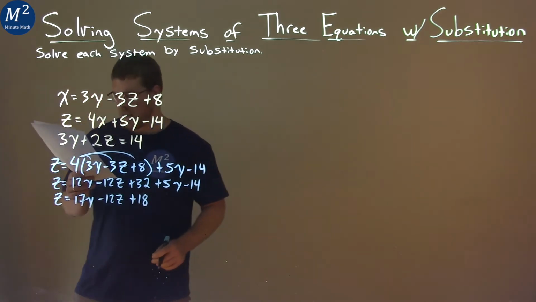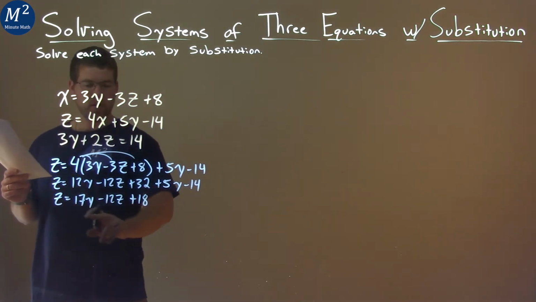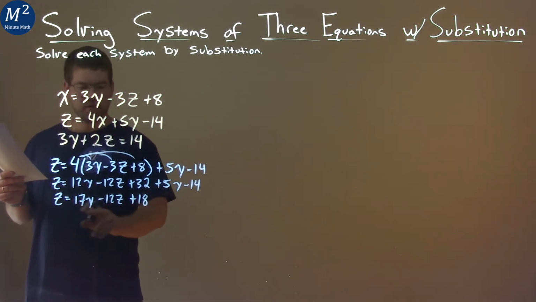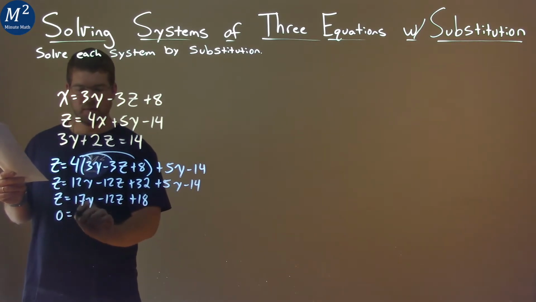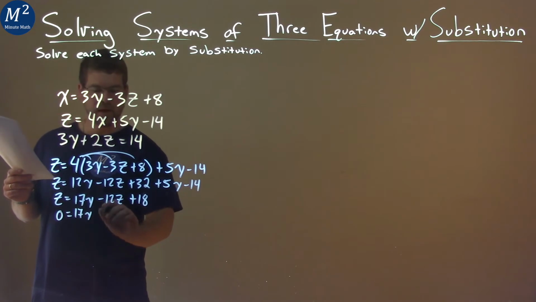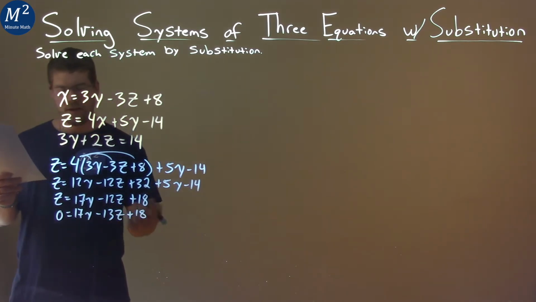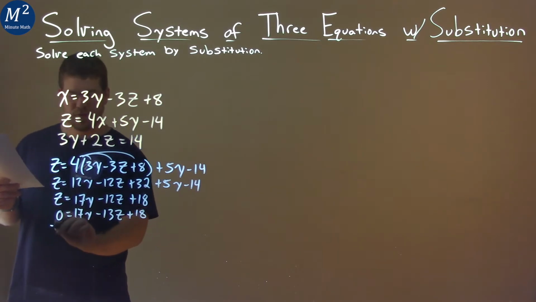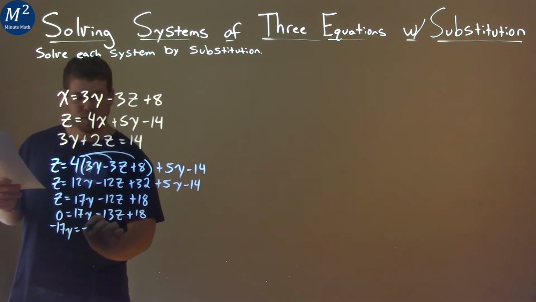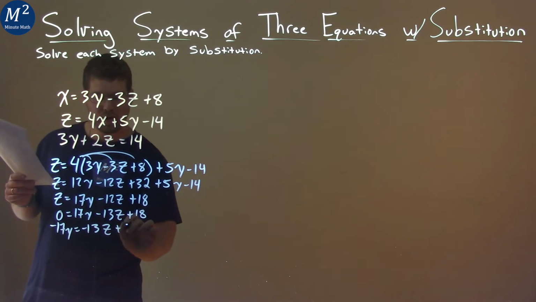Okay. Well, let's bring the z over. I'm going to get y by itself. So let's bring z over here, and we have 0 equals 17y, and then we subtract z, we have minus 13z plus 18. We then can subtract 17y from both sides, so we have negative 17y equals negative 13z plus 18.